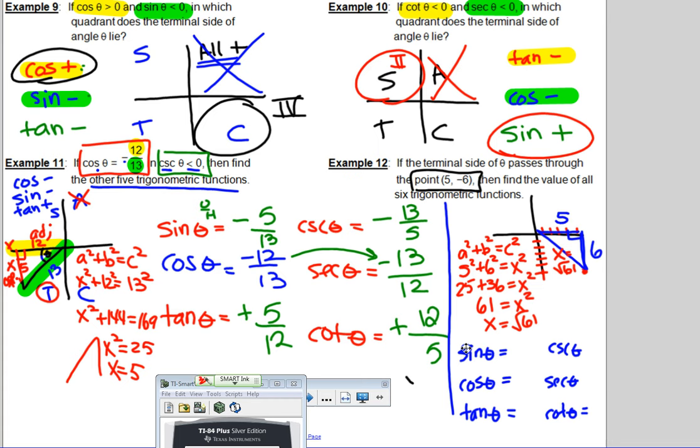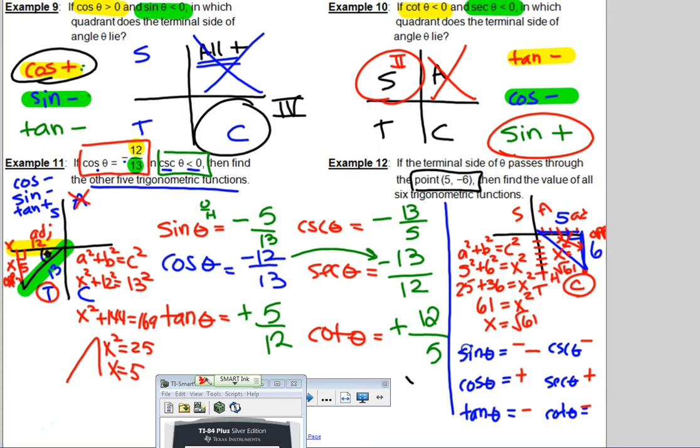Okay, I know that in the fourth quadrant, that's my C quadrant, A, S, T, C. So cosine is positive. All the other guys are negative. That's how I can get away with not putting the negatives on my answer. Now all I have to do is do my fractions. Sine is opposite over hypotenuse. Opposite is going to be the 6, and hypotenuse is going to be the radical 61.